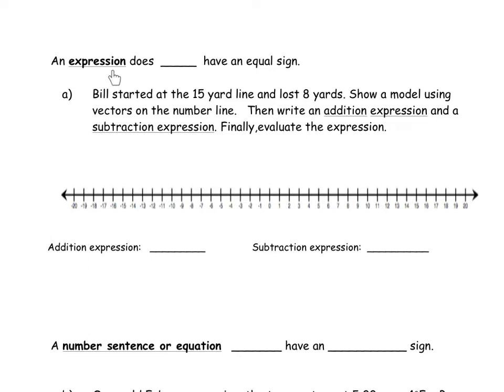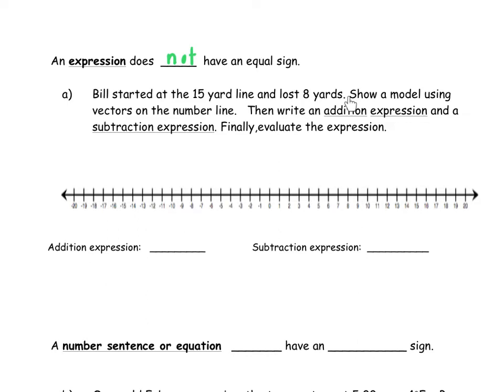So let's look at this. An expression does blank have an equal sign. And that word we're going to fill in is does not have an equal sign. And we've been working with expressions lately, so they hopefully will look familiar. This says Bill started at the 15-yard line and lost 8 yards.